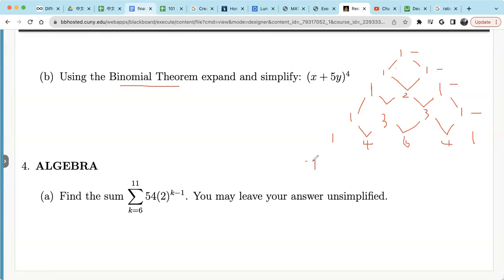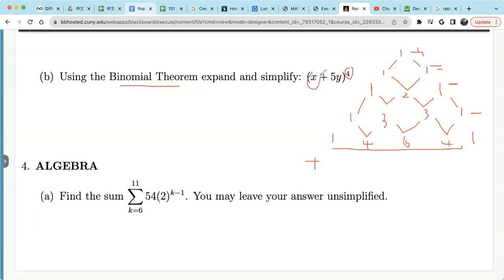Oh, we don't need a 5th level because we only have n equals 4. So the first one means n equals 0, n equals 1, n equals 2, n equals 3, n equals 4. So this is the coefficient for n equals 4. That's the coefficients of the terms, 5 terms, right? Raised to the power of 4, we have 5 terms.